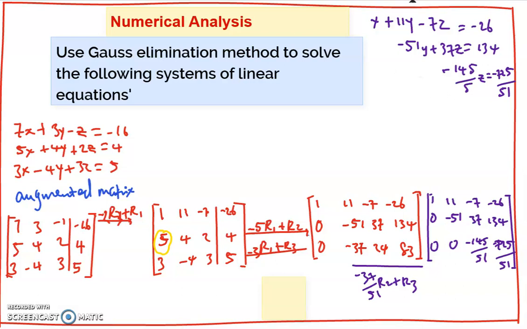We need to solve this back substitution in order to obtain the values of z, y, and x.